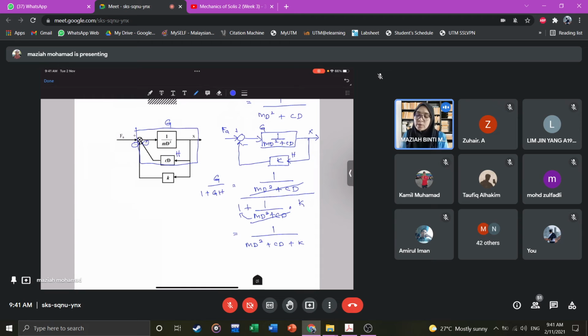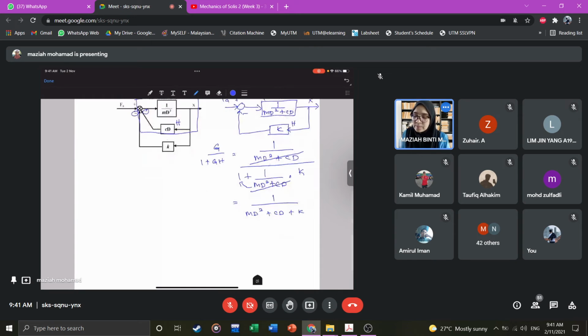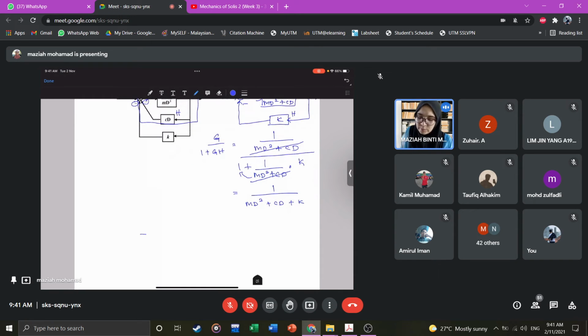Okay, so after we simplify, it will become only one block, because we already combined the summation point and the two feedback blocks. So you just relate between F and X, which in here is 1 over MD square plus CD plus K. All right.